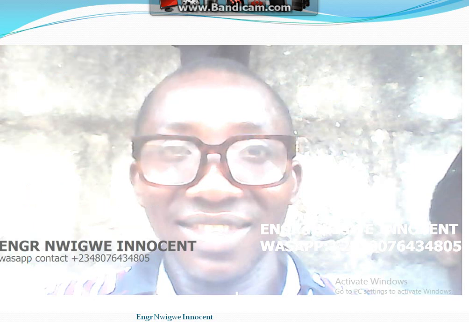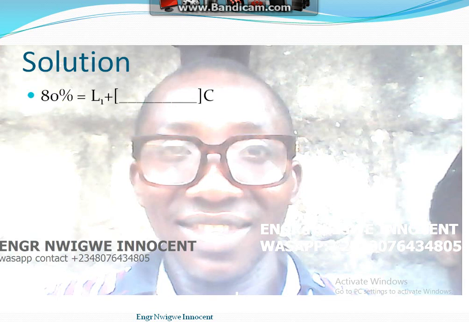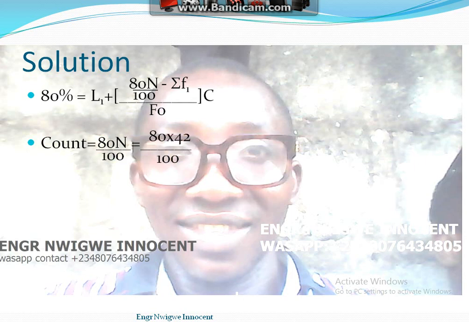Solution: the 80th percentile is equal to L1 plus, in parentheses, 80n over 100 minus sigma F1 all over Fo, times C. Count is equal to 80n over 100, which is 80 times 42 all over 100, which gives us 33.6.